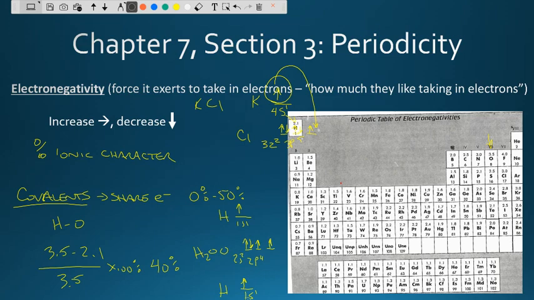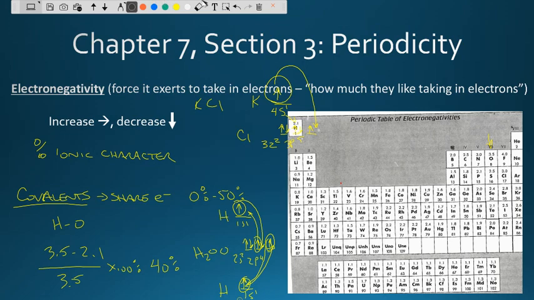Now, if it is covalent, this electron is going to go down here, and this electron is going to go up here. However, at the same time, this electron is going to go down here and fill that 1s, and at the same time, this electron is going to go up here and fill that s. So they are trading back and forth to make a covalent bond, and that's what that means.